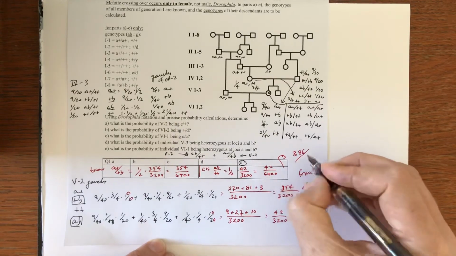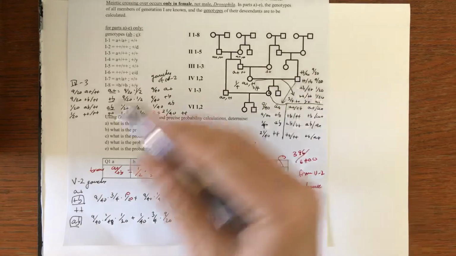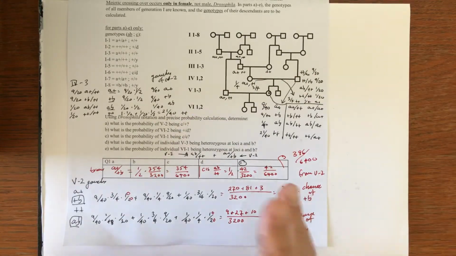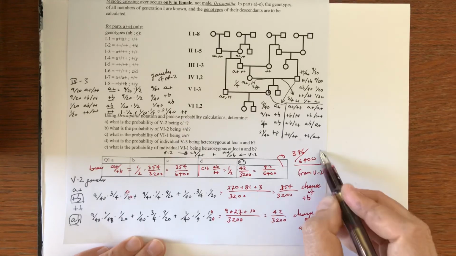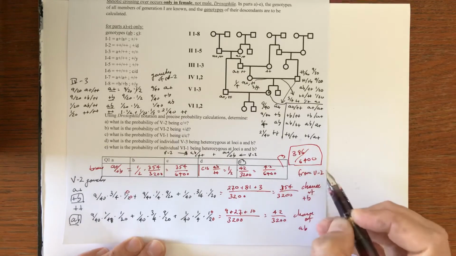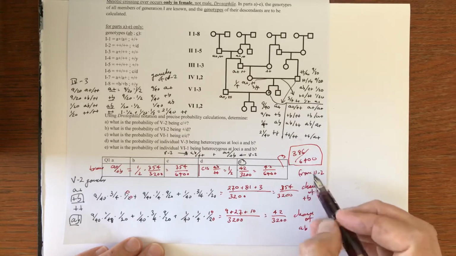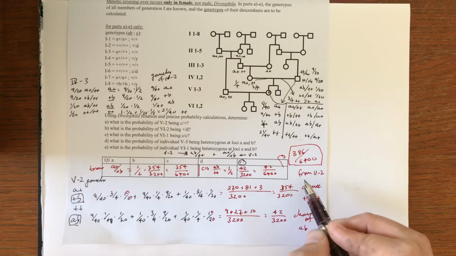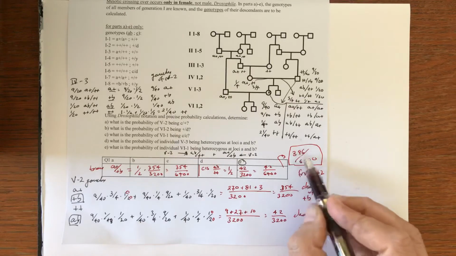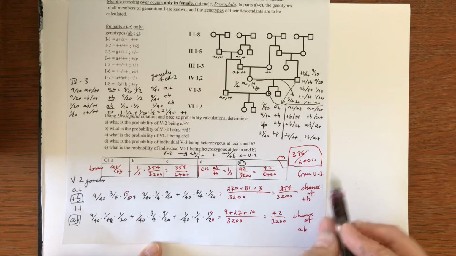The point here is to show the method, and with this amount of numbers, this is where one might want to go through some computational approach, but to show that we can go through this. 396 over 6400, we can clearly simplify that. That's divisible by 2 and divisible by 3, this is not. Okay, so this is the final answer.